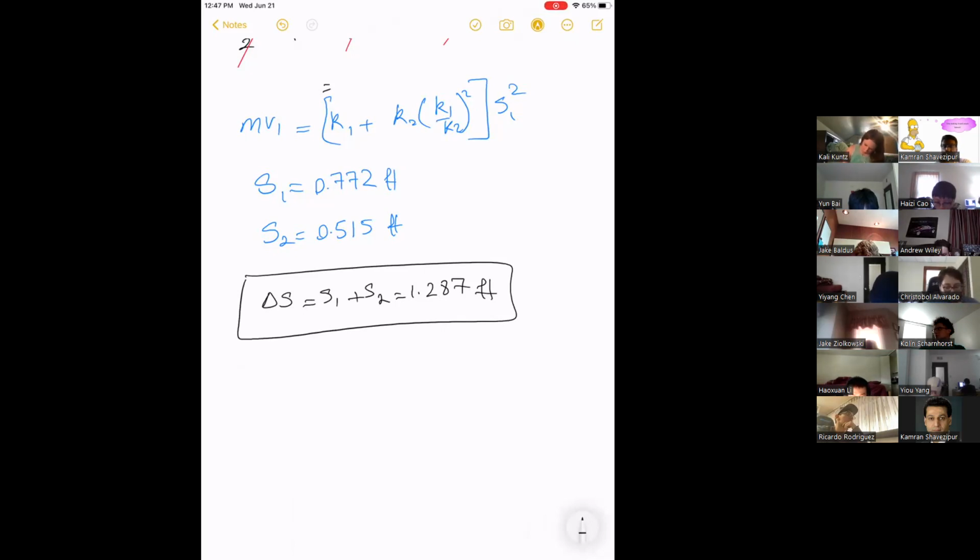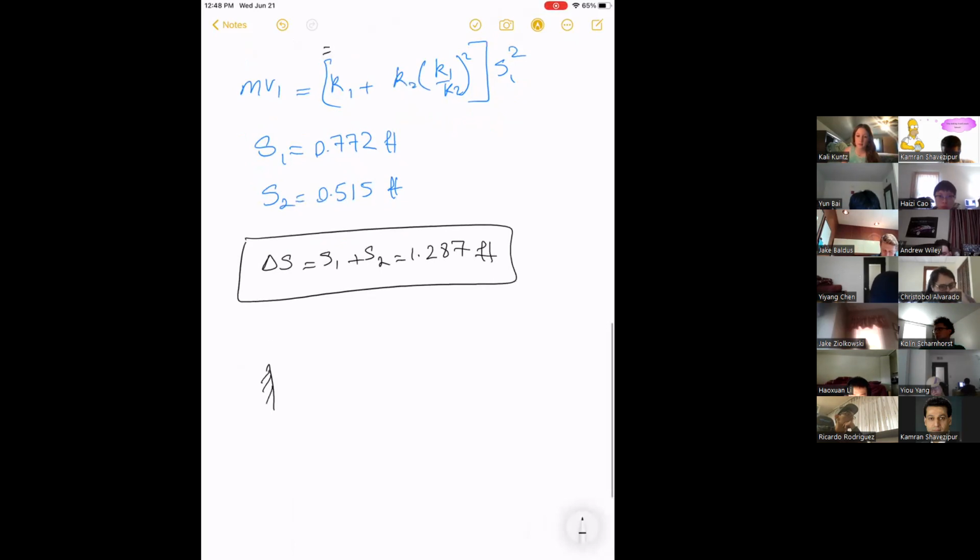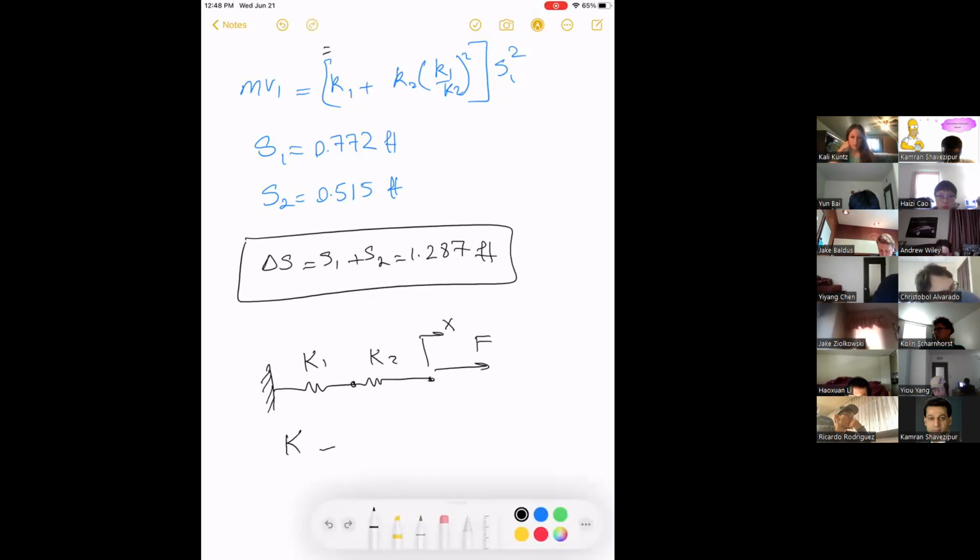Now, do you guys remember how to get the equivalent spring if you have two springs in series or parallel? For example, if you have K1 and K2 in series, and you apply force and displacement, your equivalent K comes from 1 over K equals 1 over K1 plus 1 over K2, if you want to replace this with just one spring.